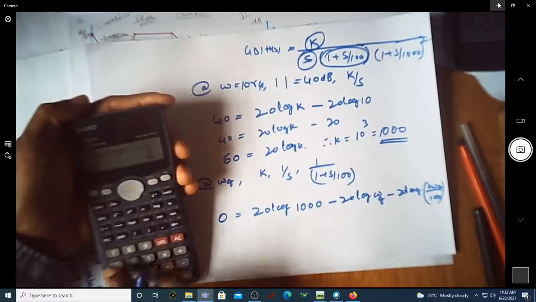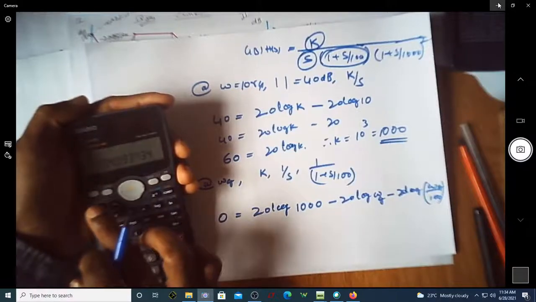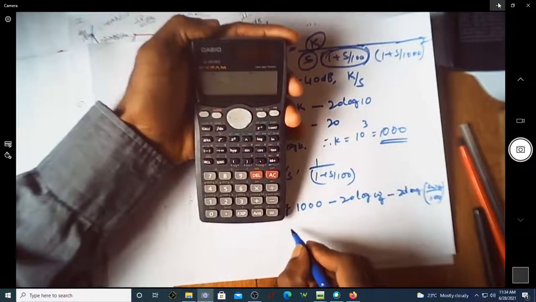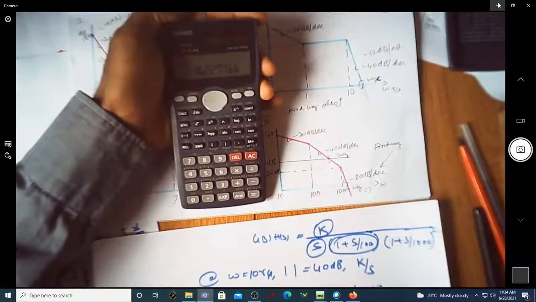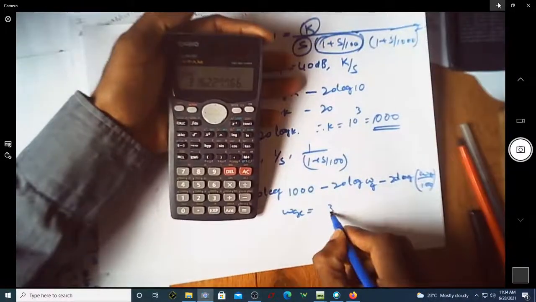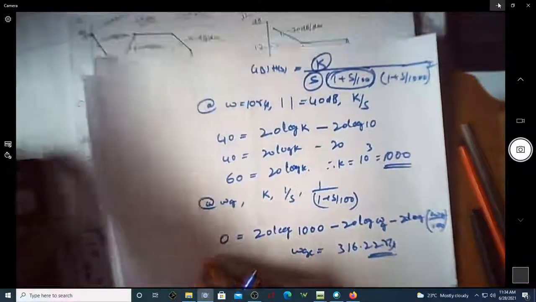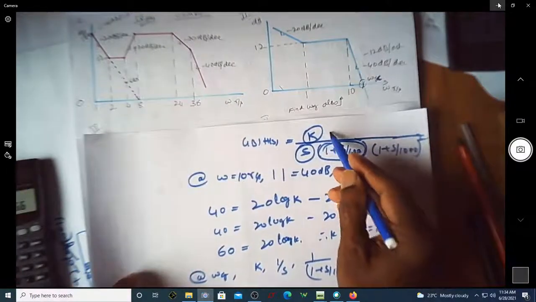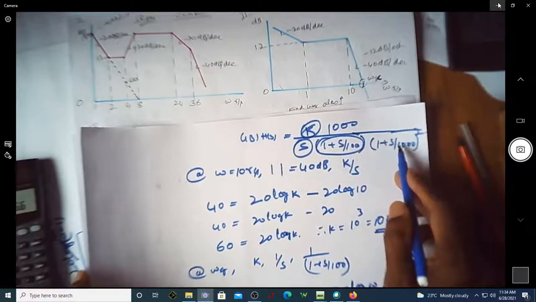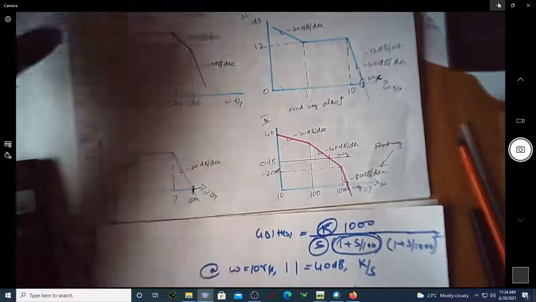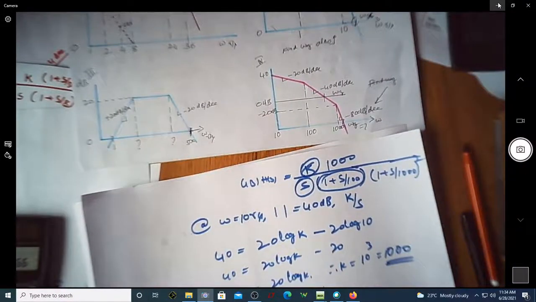If you shift calc twice, you'll get the omega gc, which has to be between 100 and 1000. You can see it is 316.22 radian per second. So the transfer function now is 1000 by s into 1 plus s by 100 and 1 plus s by 1000 whole square. This way we can find the transfer function of any given magnitude plot of a system.